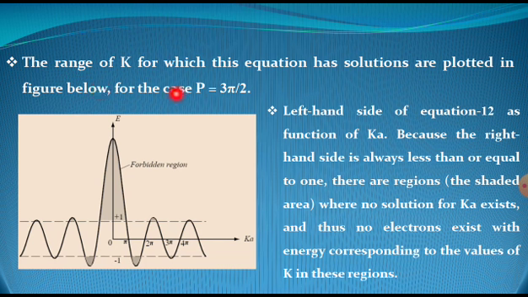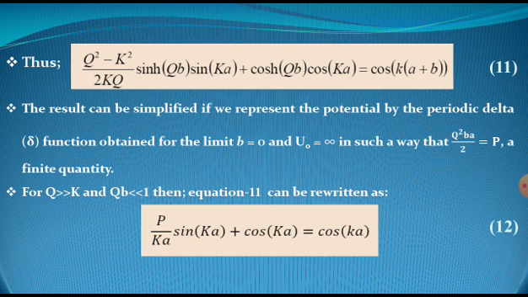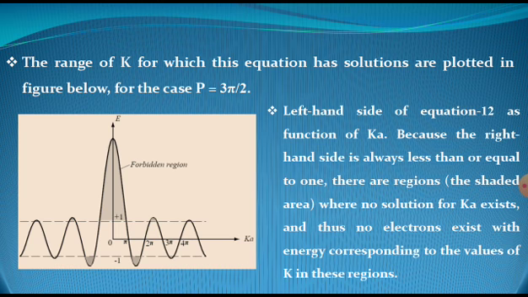Don't get confused about why this new symbol capital P is introduced in equation number 12. The range of K for which this equation has solutions is plotted in the figure below for the case P equal to 3 pi by 2. The shaded area in this energy versus wave vector graph is the forbidden gap, and the negative values have also been shaded because the right hand side of equation 12 is always less than or equal to 1.